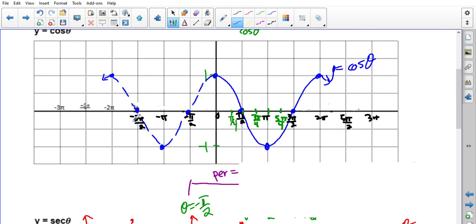So the zeros here are at odd integers multiplied by pi over 2.